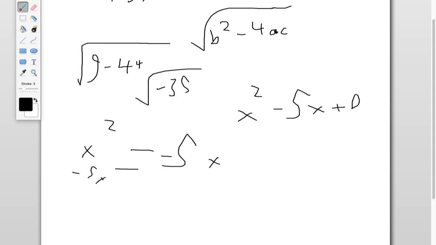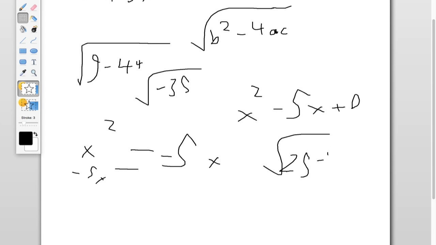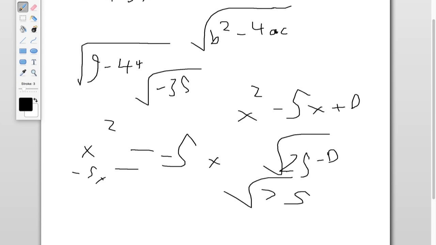The way that this would work is we'd have negative 5 times negative 5, which is 25, minus 4 times 1 times 0, which is 0. So we have basically minus 0. That means we have the square root of 25, which is a positive number. And that means we would have two real solutions.